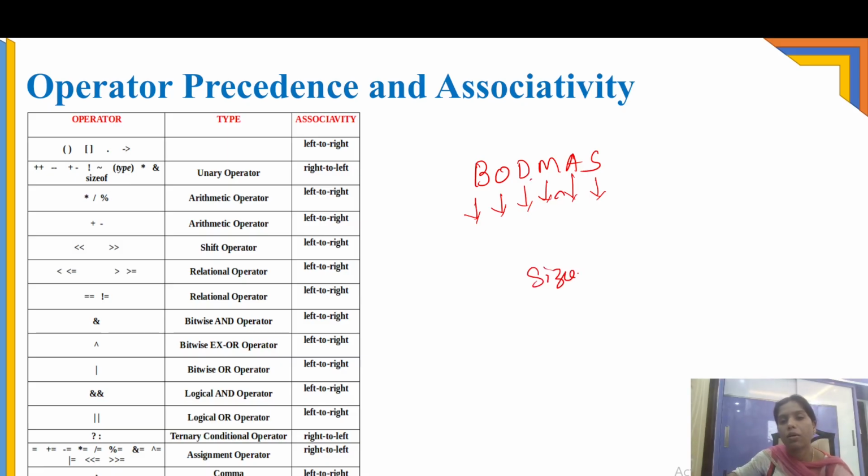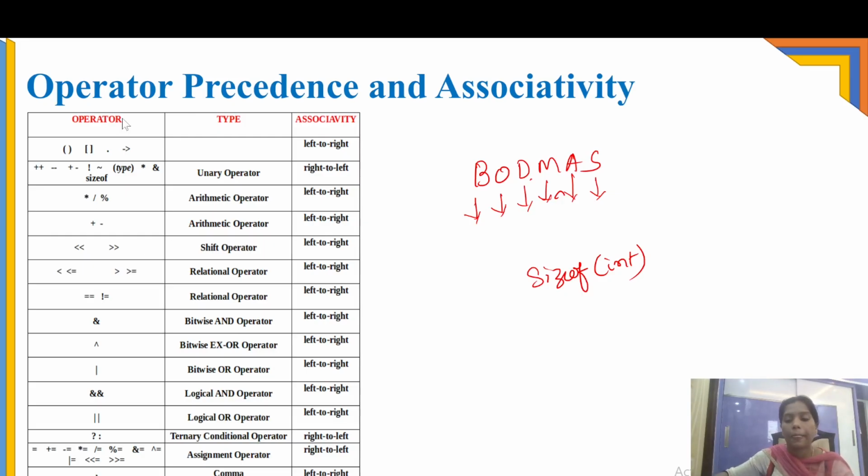For example, sizeof int, that is 4 bytes. 4 will be the answer. So next, after braces, we will be having unary operators as highest precedence. Next, multiplication, modulo, division. These are all having same precedence. Next, plus minus. In this way, all the operators will be having precedence from higher to lower. You can follow this chart.